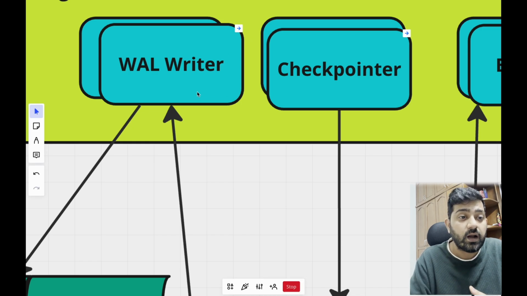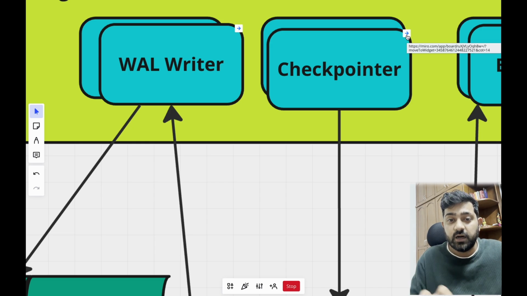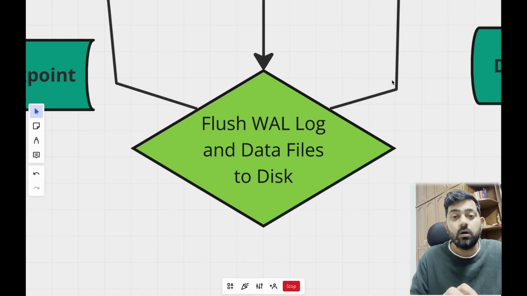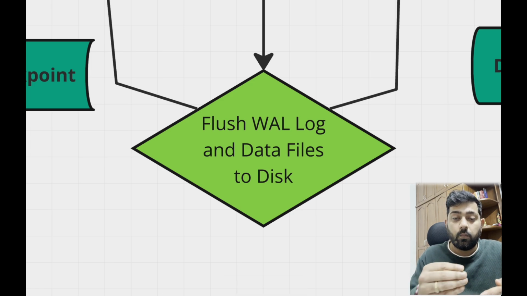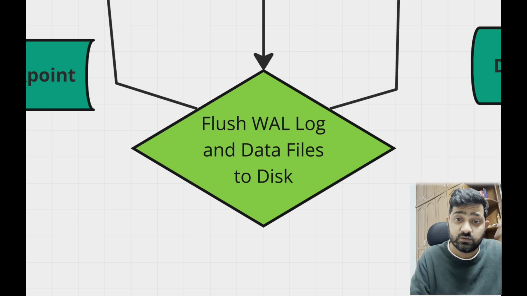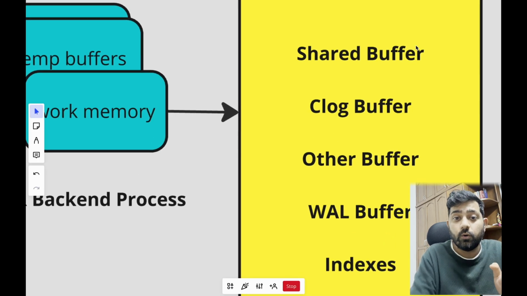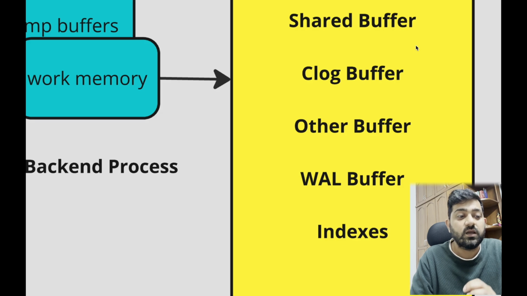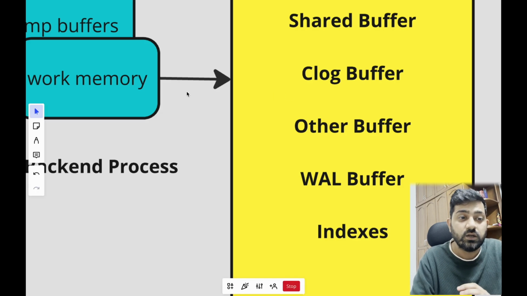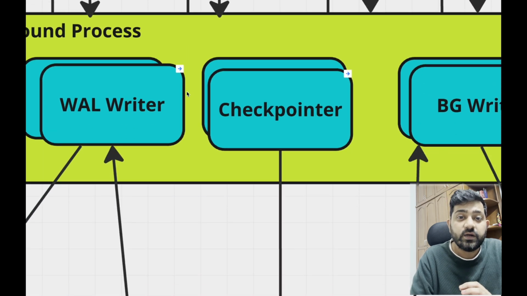The third and most important background process is the checkpointer. You can assume that the checkpointer is a coordinating process between the WAL log and the BG writers, and a checkpoint itself is a point in time where this process runs and makes sure that all the logs in the WAL buffer, which we discussed as part of shared memory, or all the data in the working memory of background processes, are flushed into disk with the help of the BG writer and WAL writer.